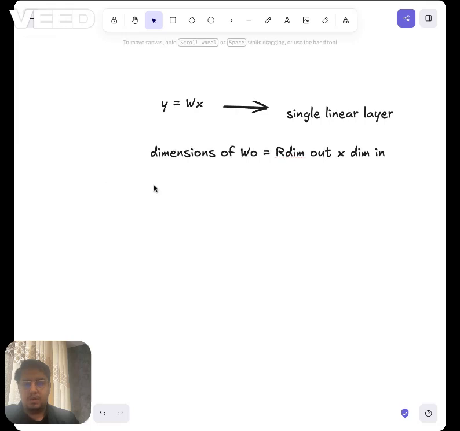These are the dimensions for the pre-trained weight matrix, and W naught is the pre-trained matrix.